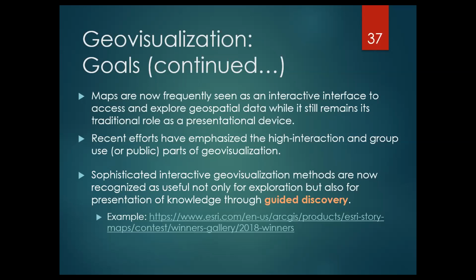If we go inside, I'm not going to go through it very slowly. I'll just go through it very quickly. You can see different types of media, like photos, videos, text, maps, they're all combined in this story map to tell you a story, to show you the situation and the struggling of these refugees in this Asian country.